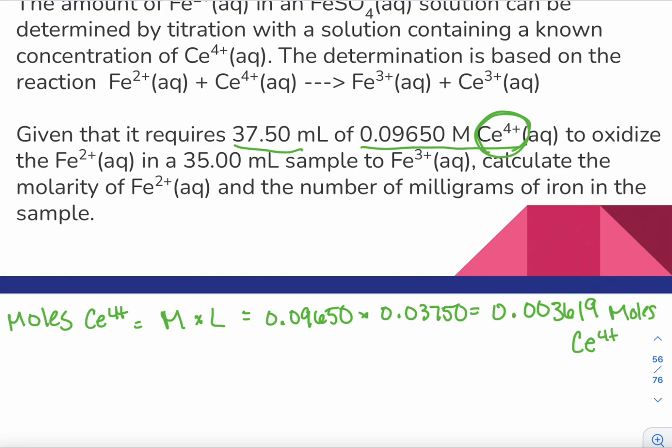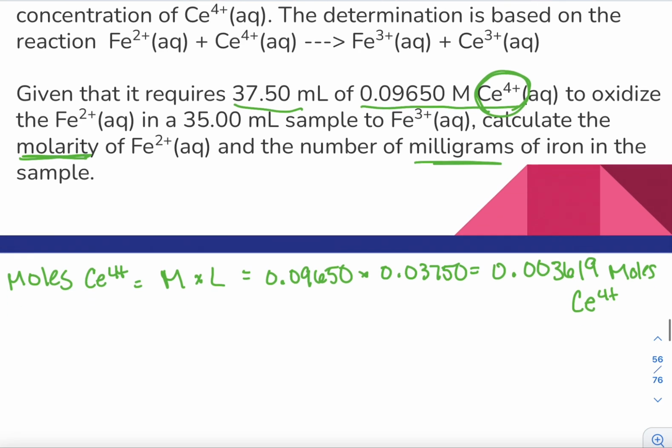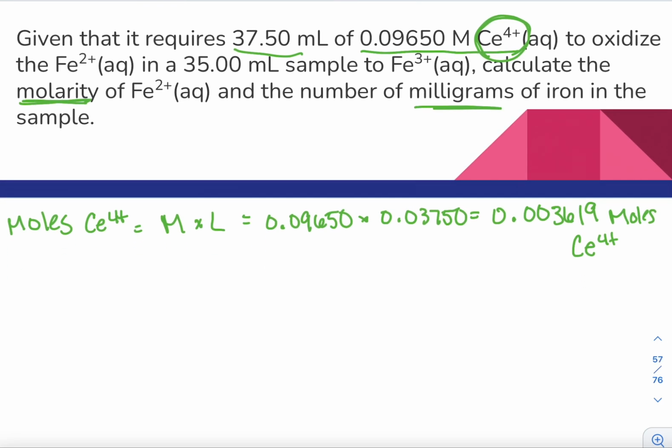Okay, so for this problem, we need the molarity and the mass. So what I'm going to do is just a quick 2-factor stoichiometry problem to find the moles of Fe. And then I can easily convert that to grams of Fe. But since I need the molarity of Fe2 plus, I'm going to need the moles.